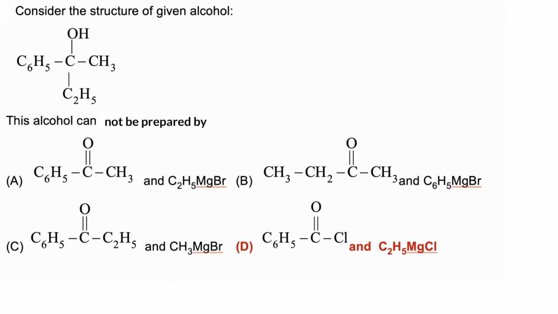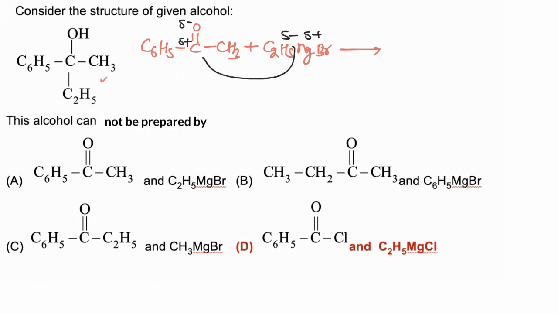In this question we have to find which of the following reactions cannot be used to prepare this alcohol. Now in the first case, C6H5COCH3 is taken with Grignard reagent. C2H5MgBr acts as a nucleophile because an organometallic compound having negative charge on carbon will act as a nucleophile, while the carbonyl group having a polar pi bond acts as an electrophile.